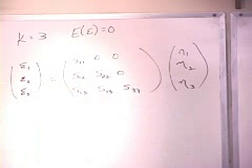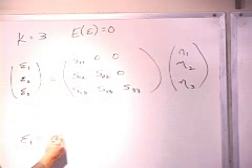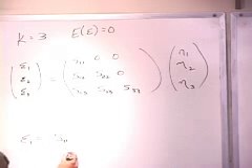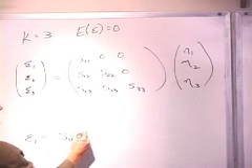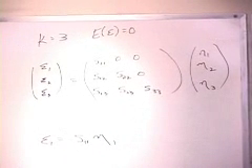So we can just write this out explicitly. Our epsilon 1 is going to be the top left element of the Cholesky matrix times the first random standard normal element.